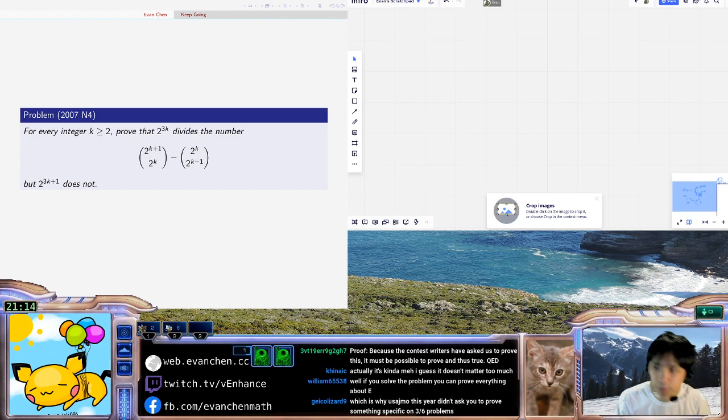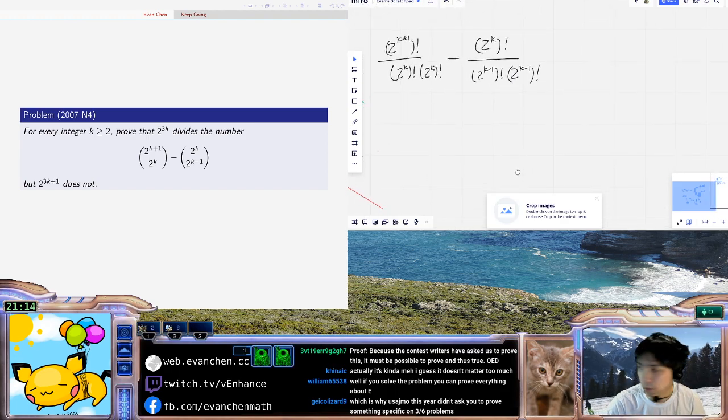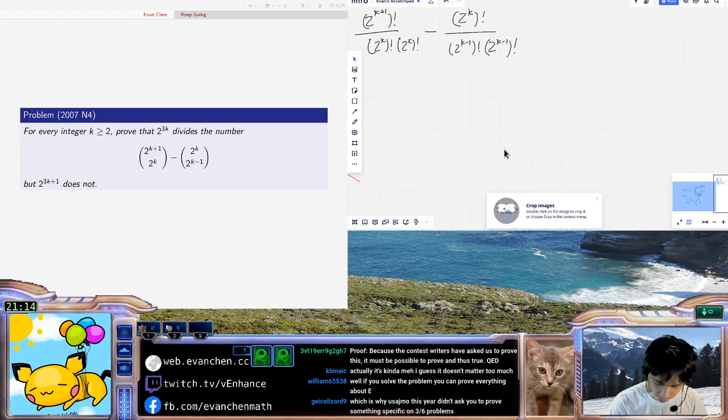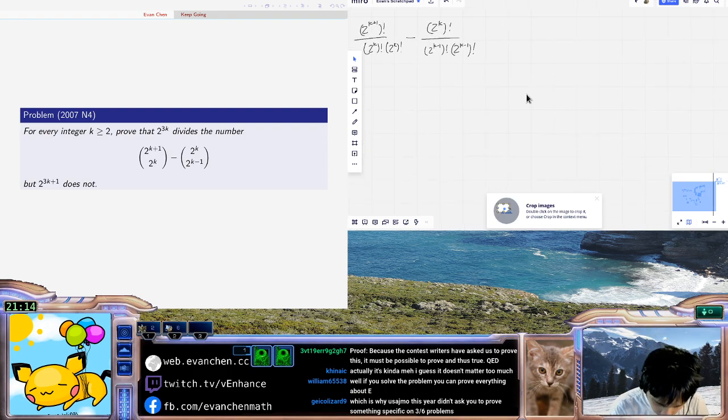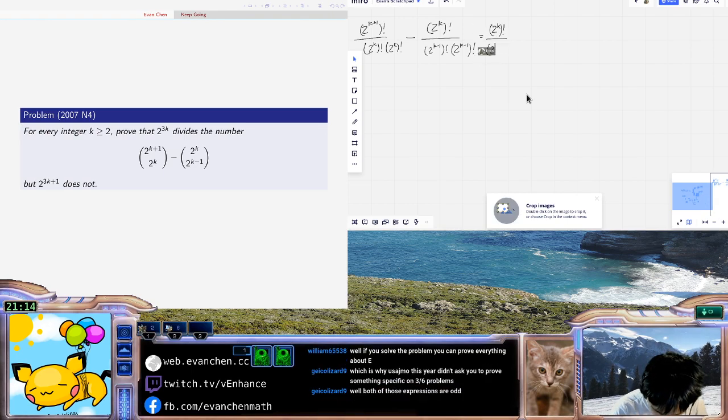Okay, so right away there's a bunch of stuff that factors out. I guess you can't see my writing. So let's just factor it all out. So let's take the 2^k. Yeah, the left, okay, actually, what am I doing?